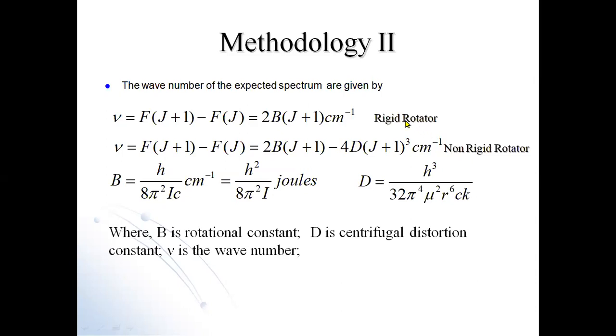You will conclude that in practice your molecule is not behaving like a rigid rotator, but because of that centrifugal distortion, you will have a model which is considered as a non-rigid rotator, and the wave number you get using a non-rigid rotator will be very similar to the experimental result.